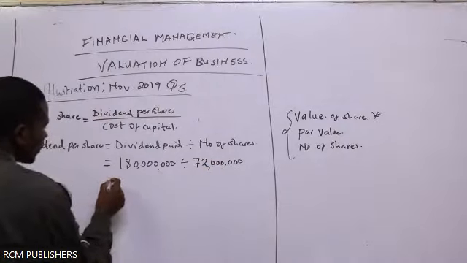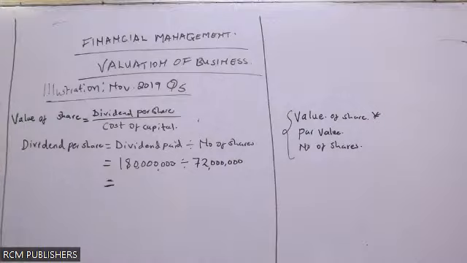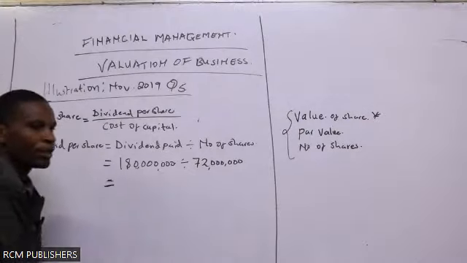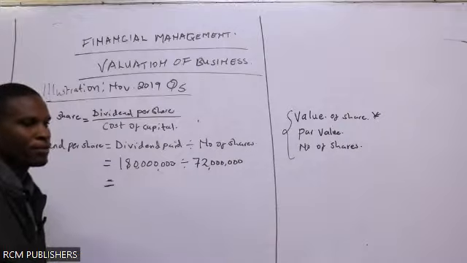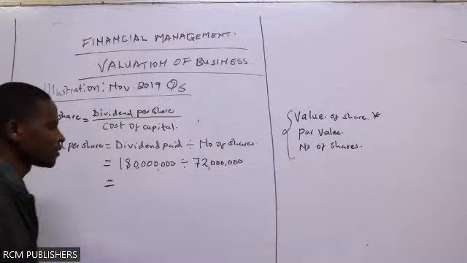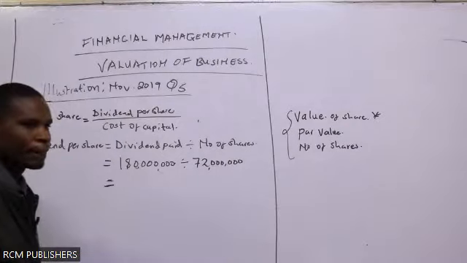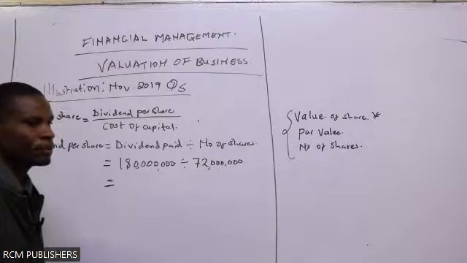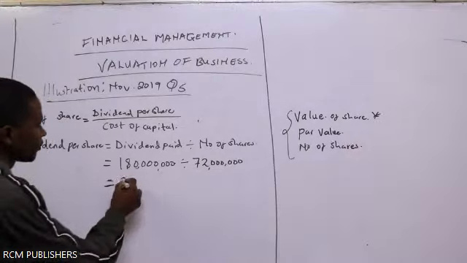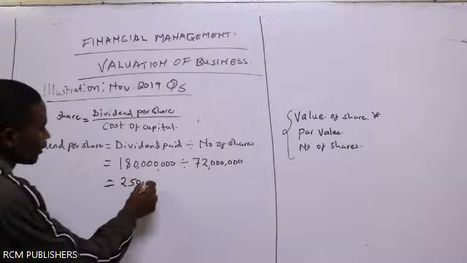Of course, in million. What will be our dividend per share as far as this is concerned? 2.5 million, that is 500,000.